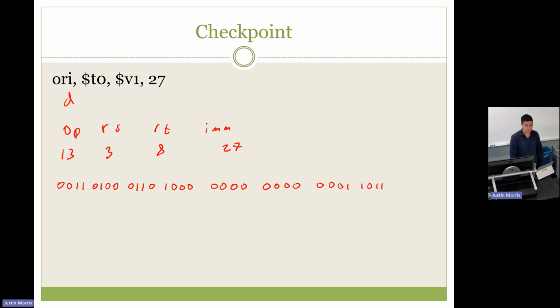So now I need to translate this into hex, right? I've already bunched them up into 4s. So this is just going to be in hex. This is 3. This is 4. This is 6, 8, 0, 0, 1. And this is 11, which is B. So 0x3468001B.